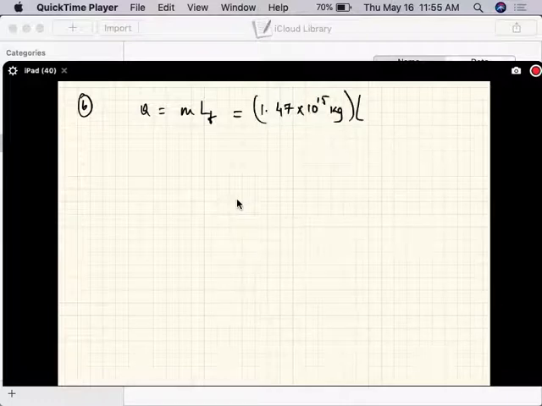What is the latent heat of fusion? 334 joules per gram.